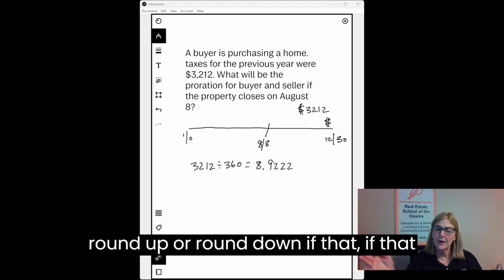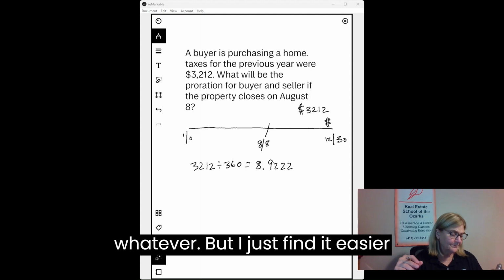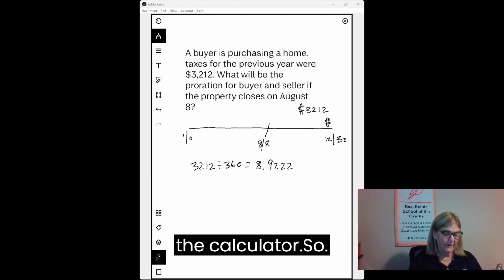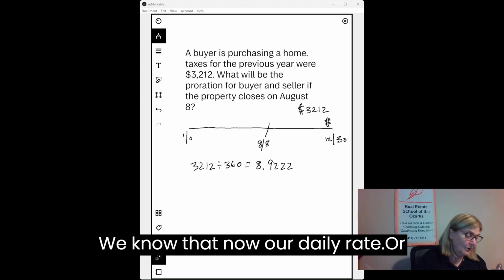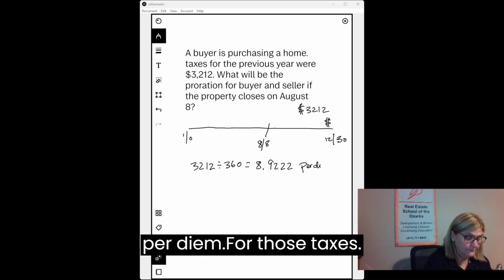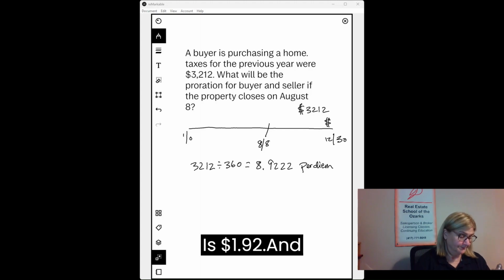You can round up or round down if that last number is a 5 or 6 or above. But I just find it easier when you're working on your calculator to just keep what's in the calculator. So we know that now our daily rate, or per diem, for those taxes is $8.92.